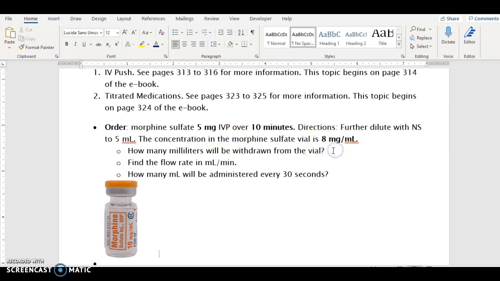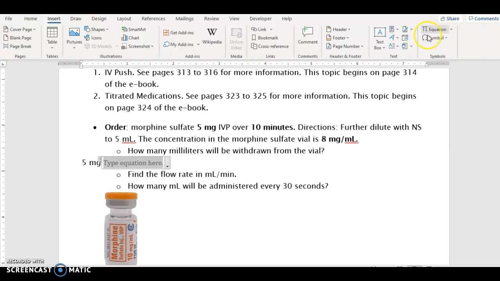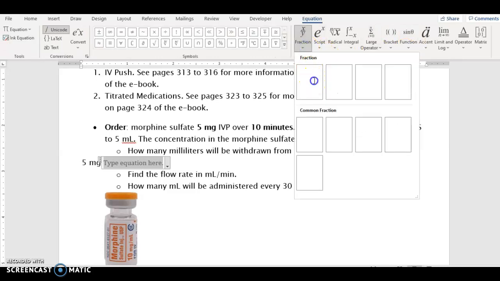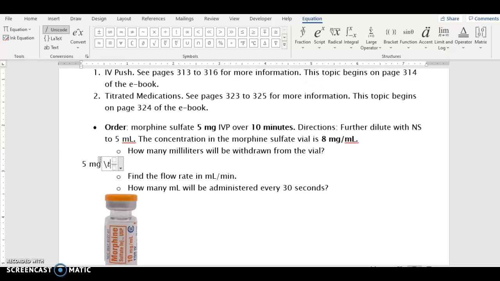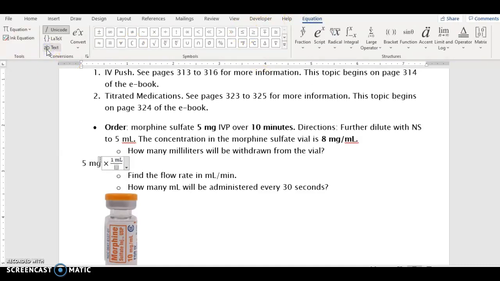So we take the 5 milligrams and multiply it by 1 milliliter over 8 milligrams.